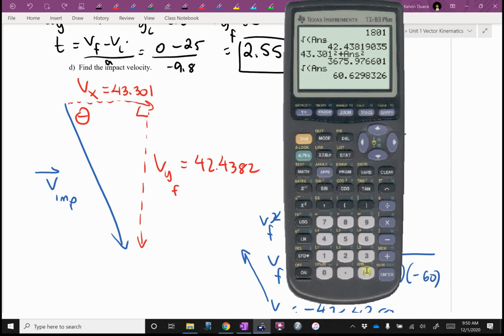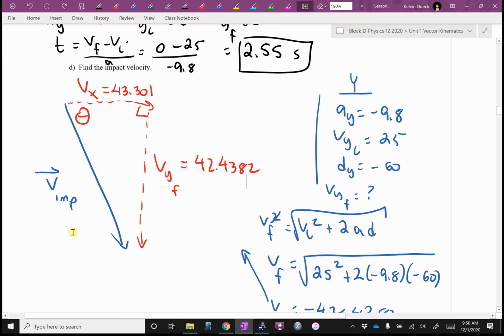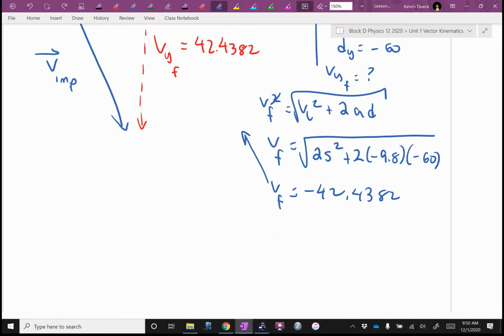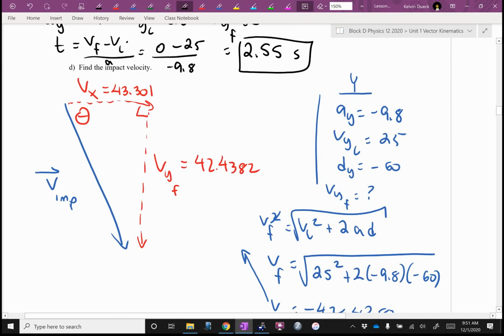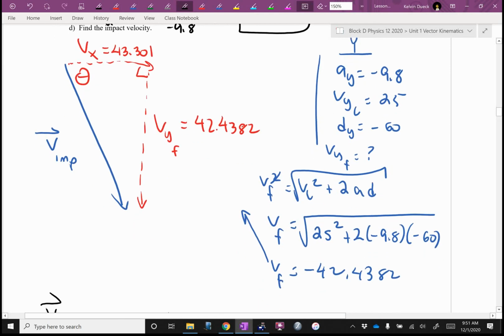Anybody else? No nods yet? Yeah? 60.6. So V impact equals 60.6 meters per second at. Theta always goes where the vector is coming from, top left in this case.